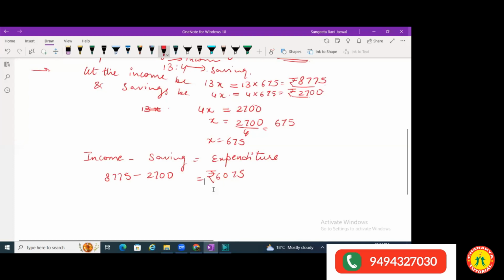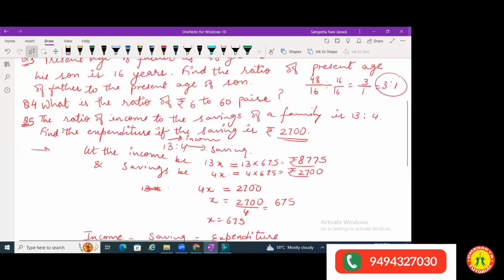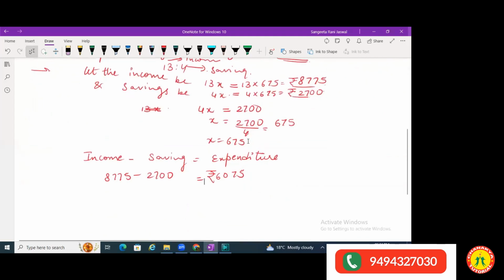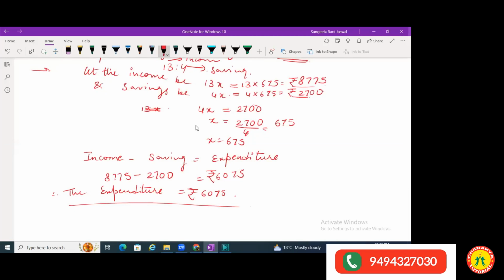So this is your expenditure. This is what we are asked to find. Therefore the expenditure is equal to rupees 6,075. Understood this? Yes, ma'am. So the need was only to find the income, and out of income savings was already given, so we just subtracted them.